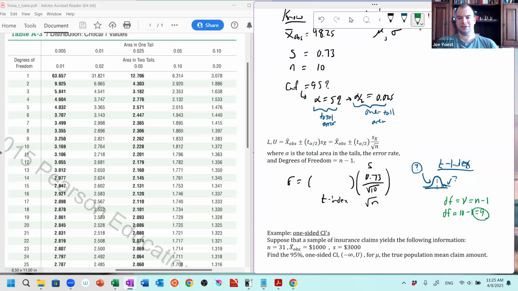As an aside, it's called degrees of freedom because, well, what we've observed from the real world is X bar observed. And that's as a result of 10 different data points. How many of those data points can I allow somebody else to choose any way they want, and still be able to concoct a scenario where we come up with X bar observed? Somebody could choose 9 of those data points any way they want, and we could use the 10th one to essentially balance the whole system at a balance point that we want.